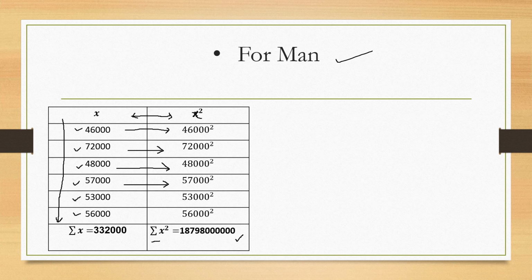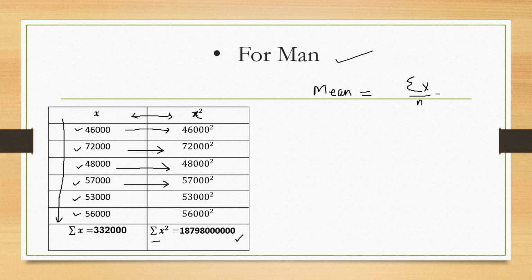Okay dear student, right now in the question we need to find the mean. So how do we find the mean? In the last video, measures of central tendency, we learned how to find the mean of the data. The formula is sum of x divided by n.